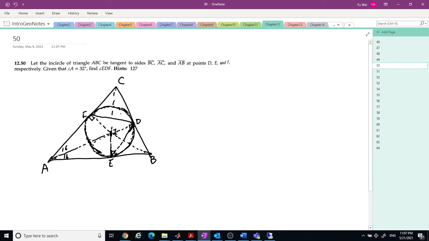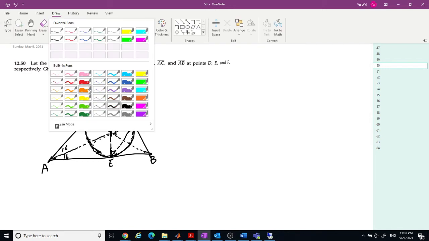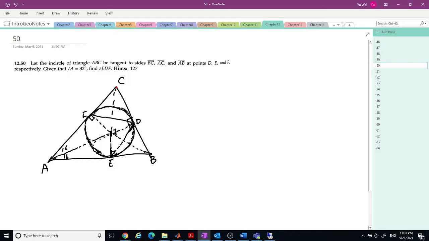Okay, now let's see. We can see there are many cyclic quadrilaterals. For example, CFID is a cyclic quadrilateral. Why? Because these are touch points, right? I is the center, so you know this one is 90 degrees, this one is 90 degrees.